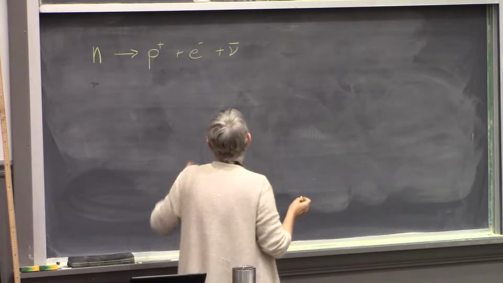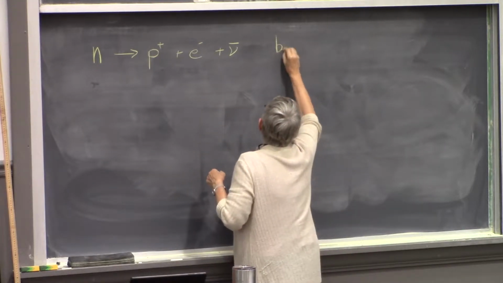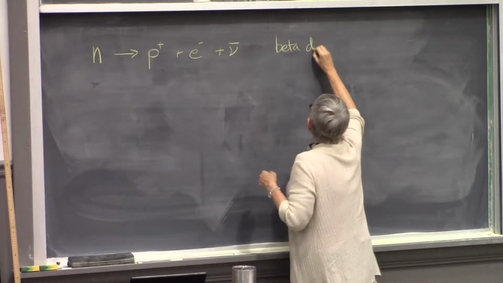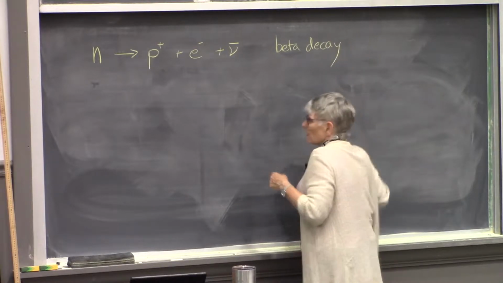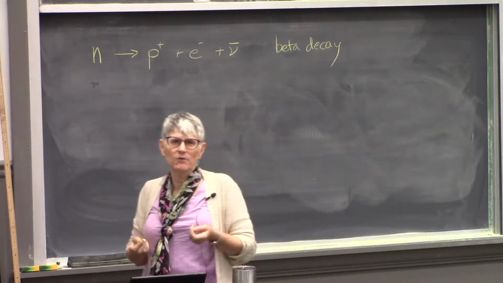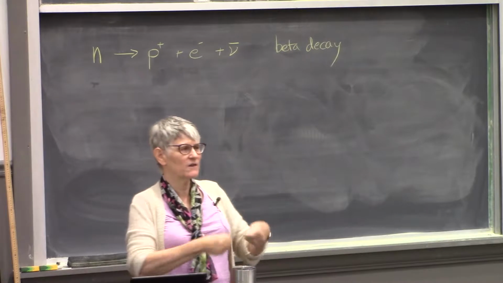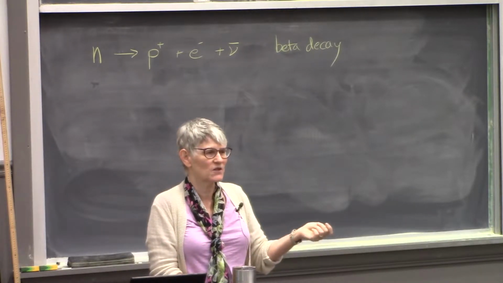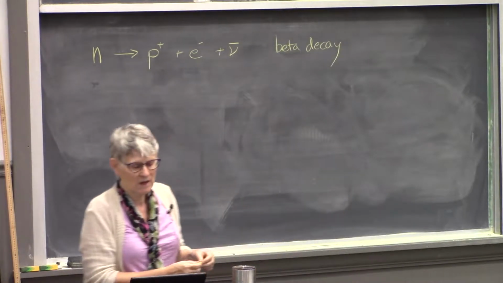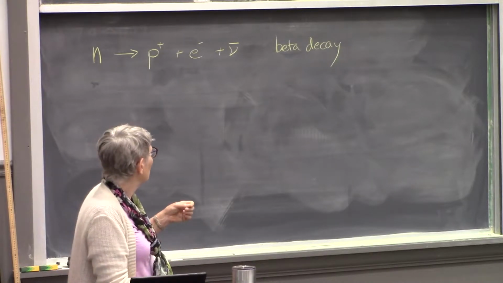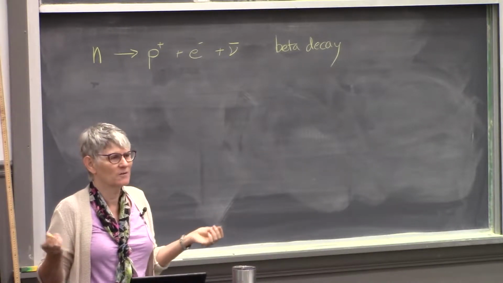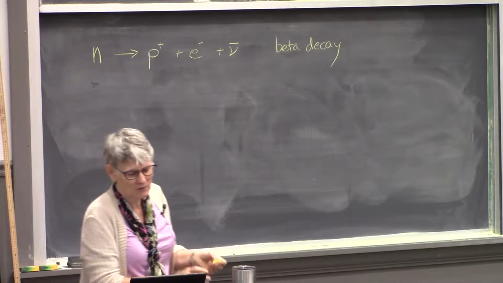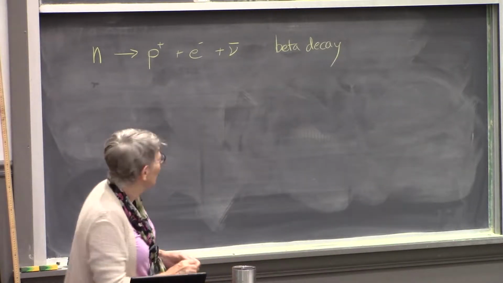It's called beta decay because back in the days before people understood that what was coming off in these processes was electrons, they called them beta rays because they didn't know what they were. So it's called a beta decay process.